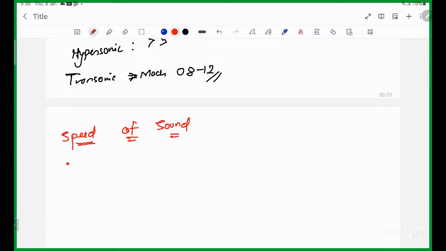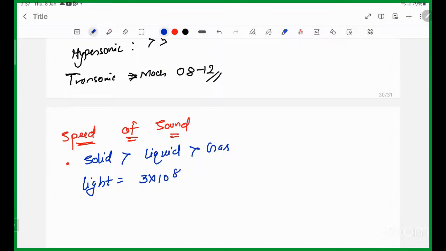In case of solid it's more, liquid is less, and gas is less than liquid. The speed of light is 3 into 10 raised to power 8 meters per second, which is more than the speed of sound.